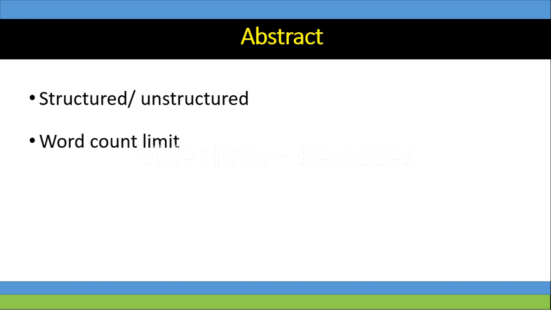It sometimes highlights in red and does not let the submission move forward. So you need to read the instructions to authors and understand the word count limit in order to avoid last minute frustrations.